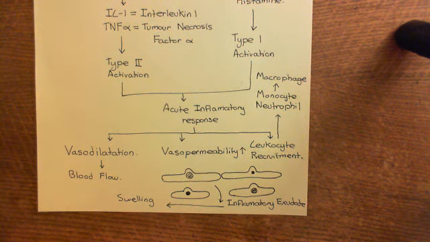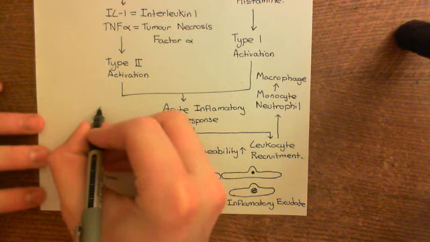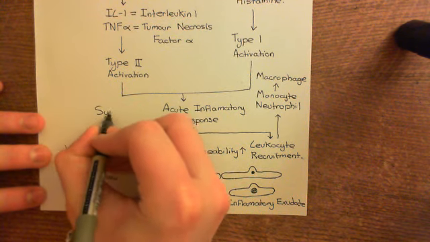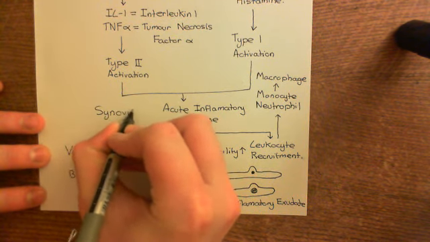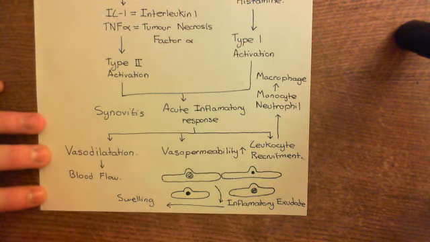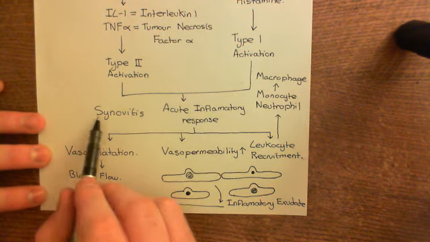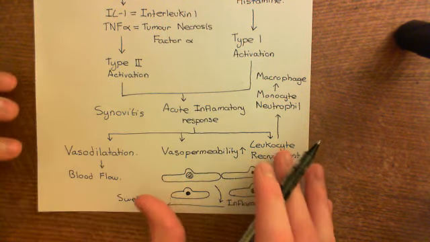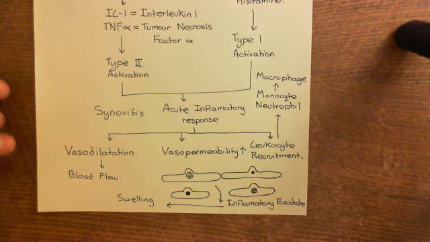So when you get the acute inflammatory response occurring in the synovial joint, it's known as synovitis. Anything ending in itis means inflammation, so this is synovitis because you've got inflammation of the synovium.